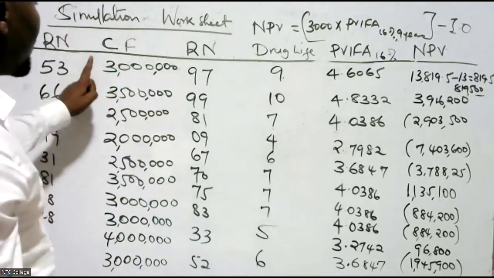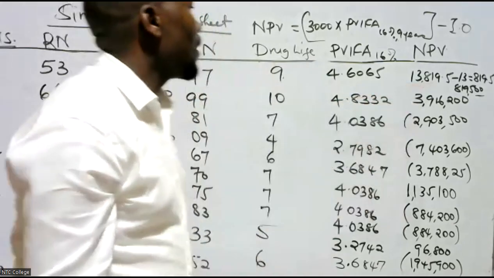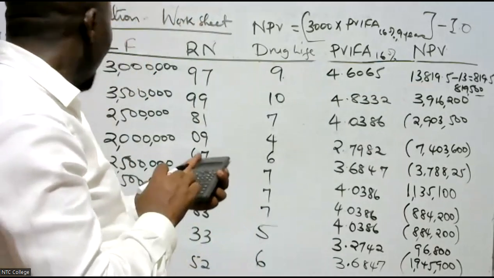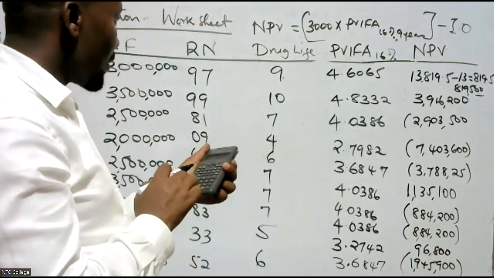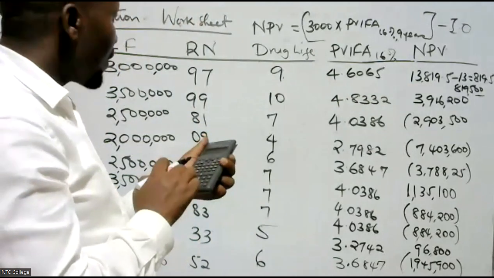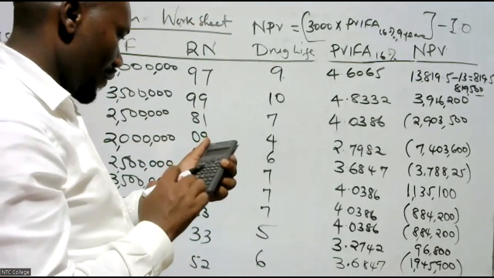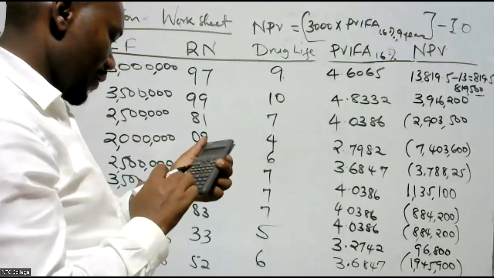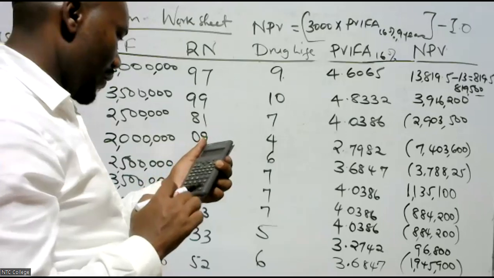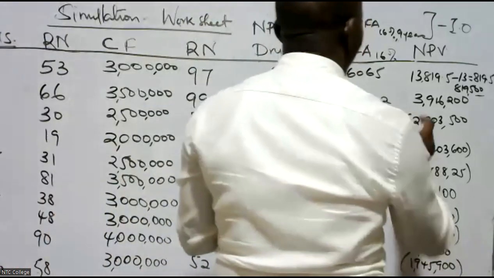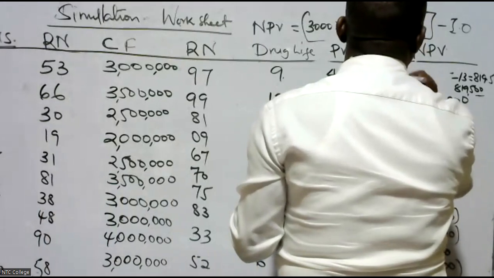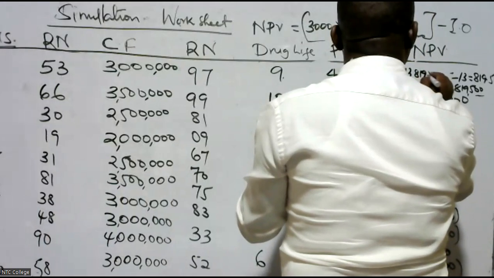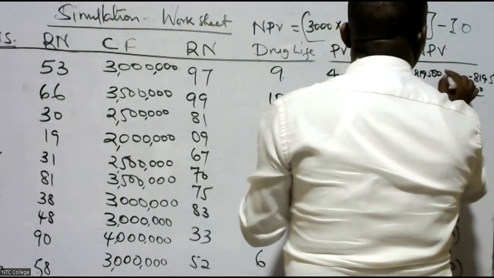So that one, if you multiply this and this, you get your answer there. You're going to get 3 million times 4.6065. 4.6065 times 3 million. You're going to have 13,819,500 minus 13 million.